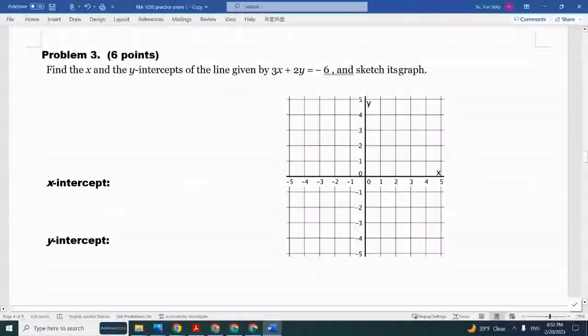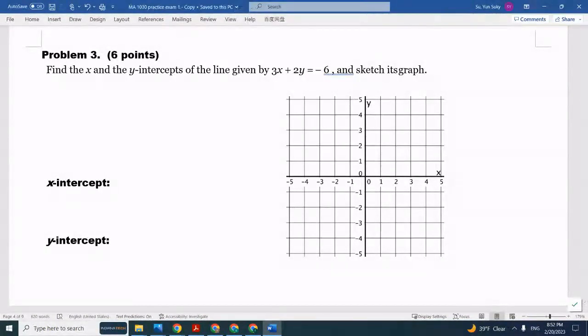Here, find the x and y intercept. So find the x-intercept. Well, the x-intercept is where the curve crosses the x-axis. That means we set y equal to 0. You know on the x-axis, y is 0.